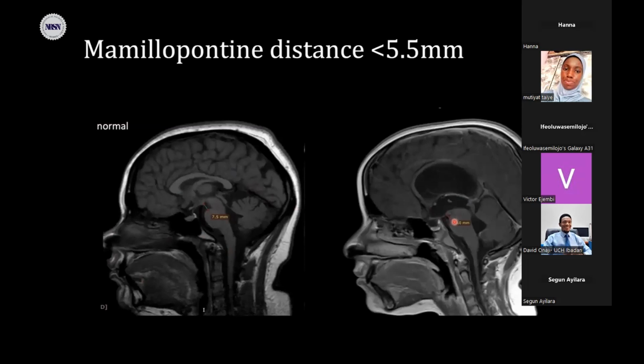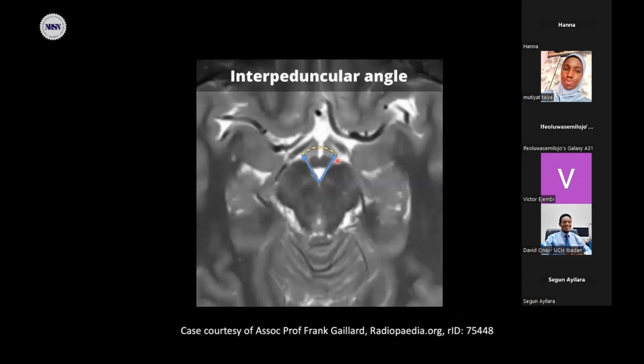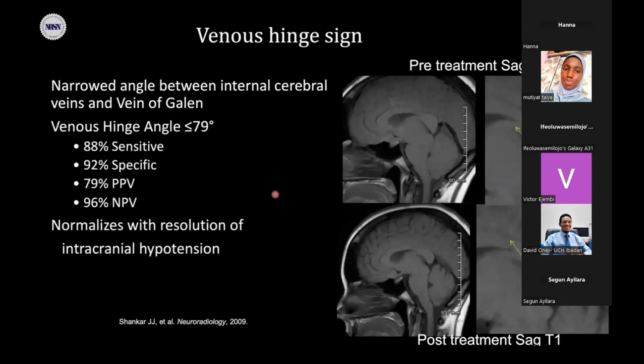The angle between the midbrain and the superior surface of the pons, if it's less than 50 degrees, then you should know that there's some sagging of the brainstem. Likewise, you can do the measurements of the interpeduncular angle here, and if it's less than 50, then you know that you are dealing with some form of brain sagging.